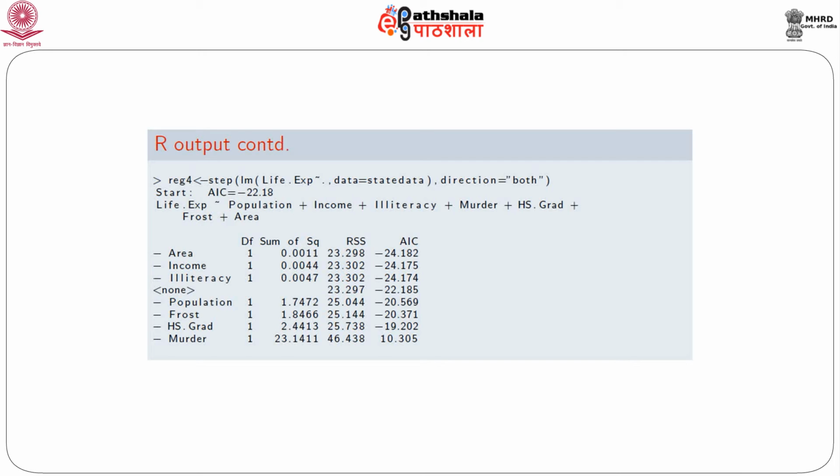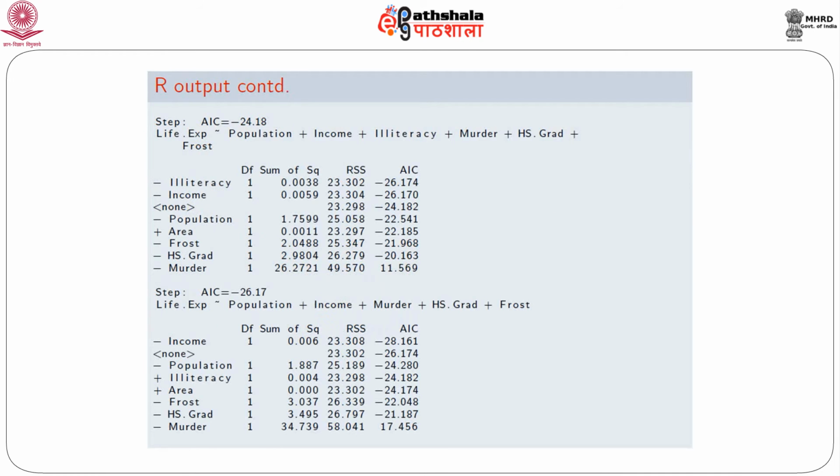In this case we use direction equals both, and as we can see it starts with the entire model, and just like backward elimination we can see in the following table that they have actually started removing one predictor at a time and then obtaining the AICs, and based on the ordered AICs we remove or add the variables in the model and obtain the AICs for the next set of predictors.